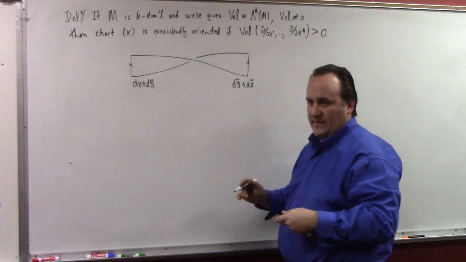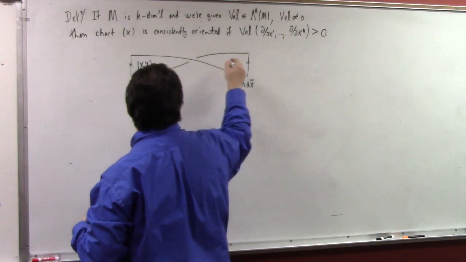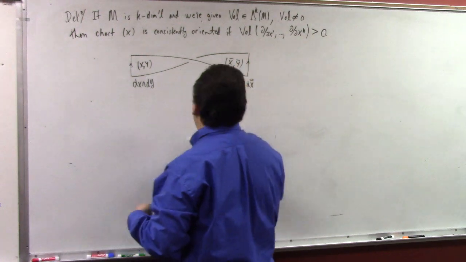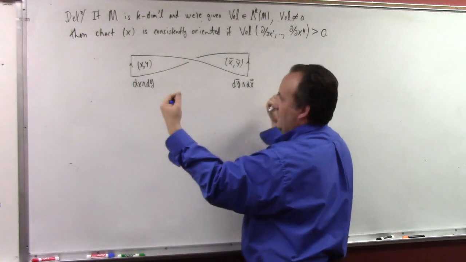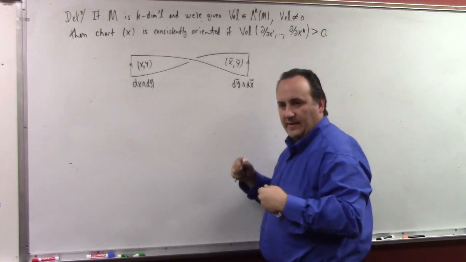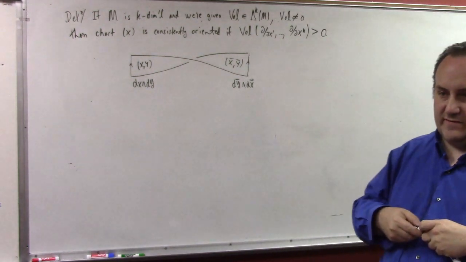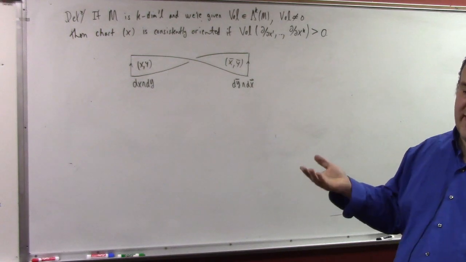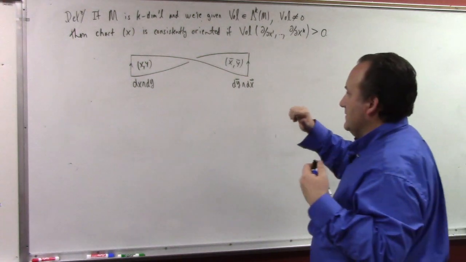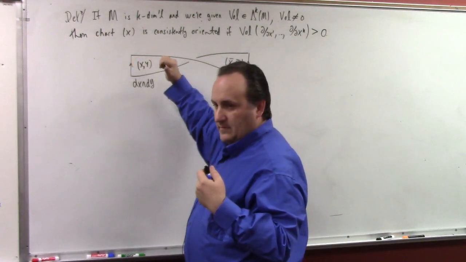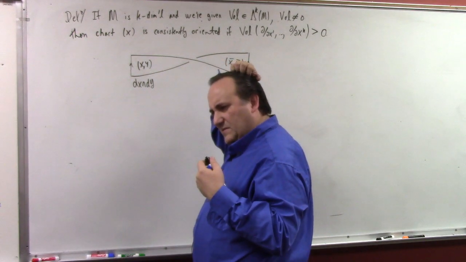If I have x, y coordinates here, and then x bar, y bar coordinates over there, when I look at where they overlap, the Jacobian is negative on the transition function between them. This corresponds to the fact that you can't define a normal vector field on the Mobius strip all the way around, because you have to have a discontinuity where it goes back to where it starts.